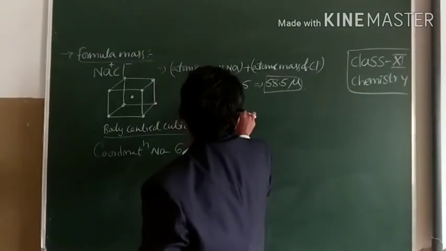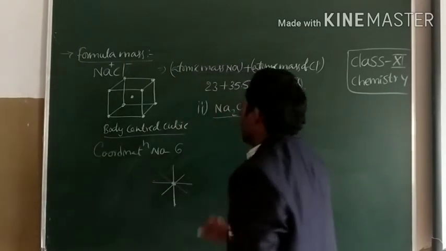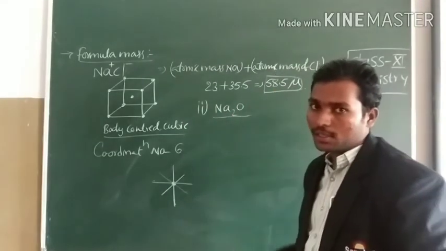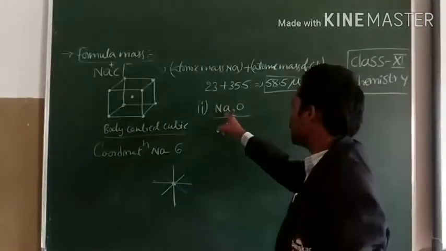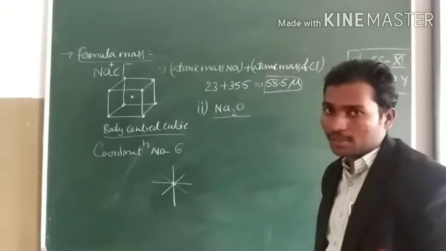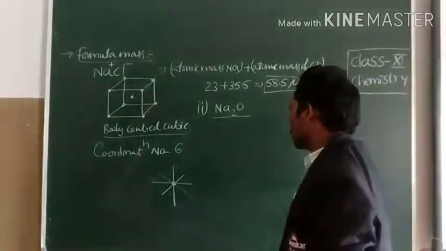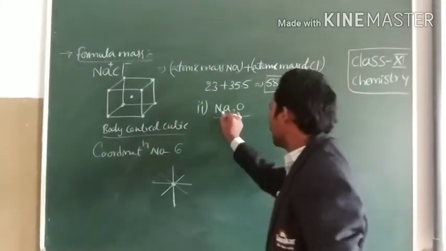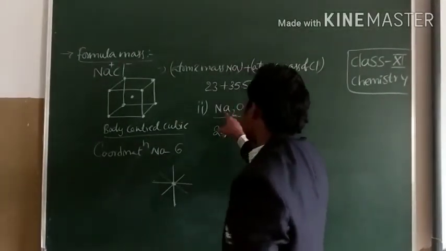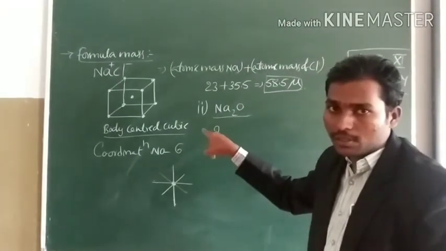Sodium oxide. It is also an ionic compound which is made up of sodium cation and oxygen anion. Let us find out the formula unit mass of sodium oxide. Here, sum of the atomic masses of the ions present.